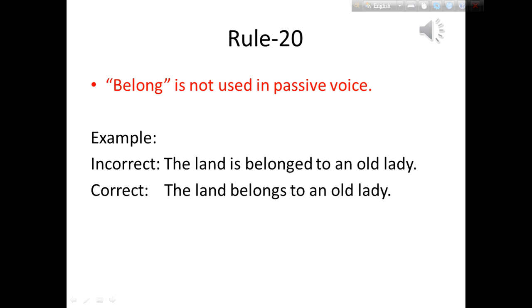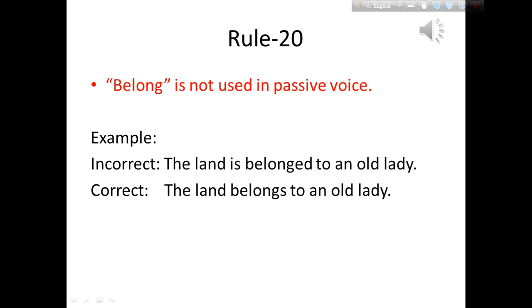So let's see what the example says. The given example is the land is belonged to an old lady. So here the land is the property of an old lady, but the sentence is a sentence of passive voice.